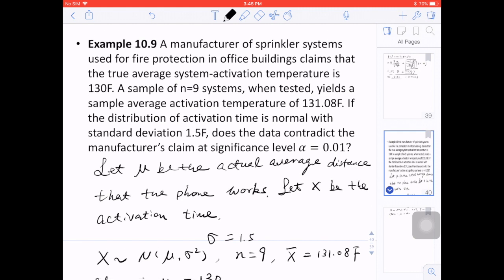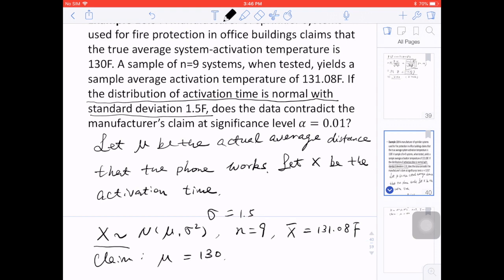Because the problem says the distribution of activation time is normal with standard deviation equal to 1.5 degrees. So this means my x follows a normal distribution with mu and sigma squared, where sigma is equal to 1.5. And here we're interested in this mu.